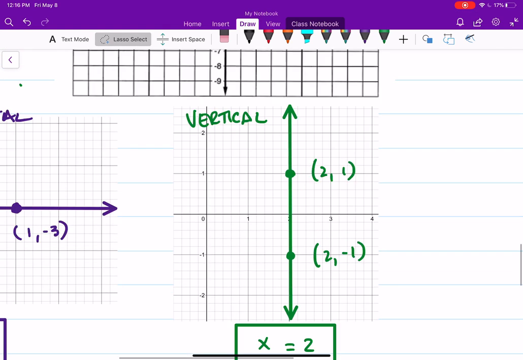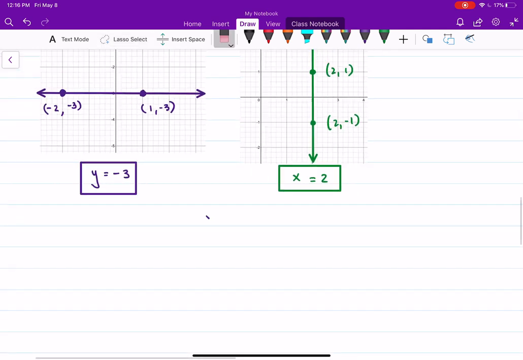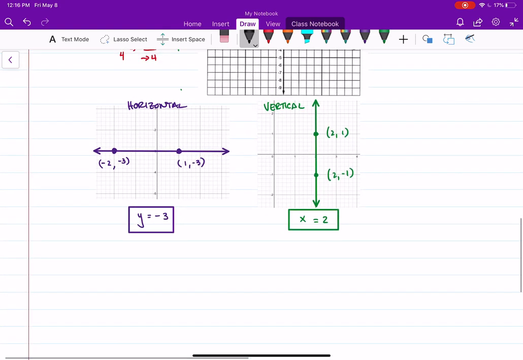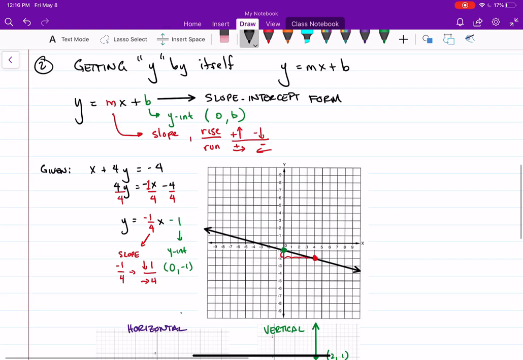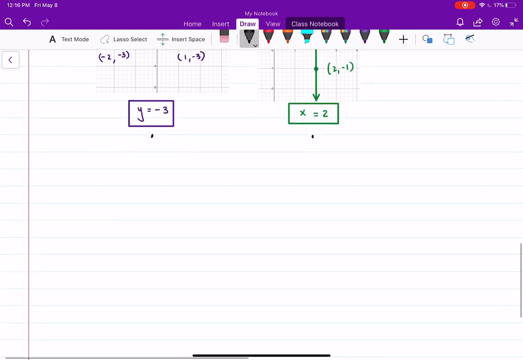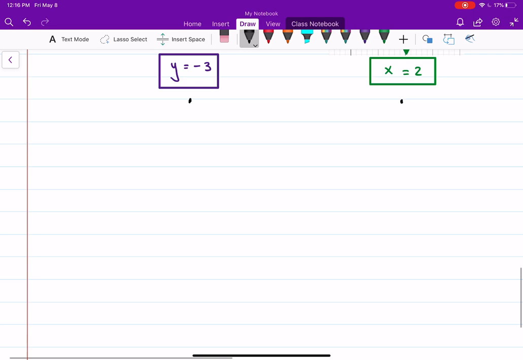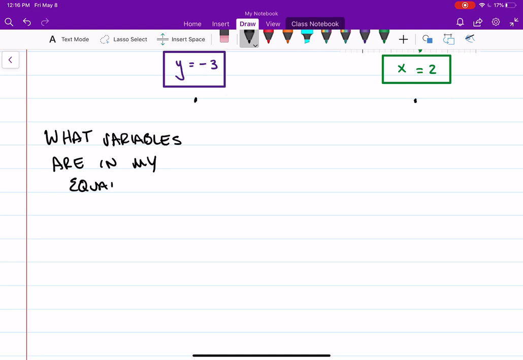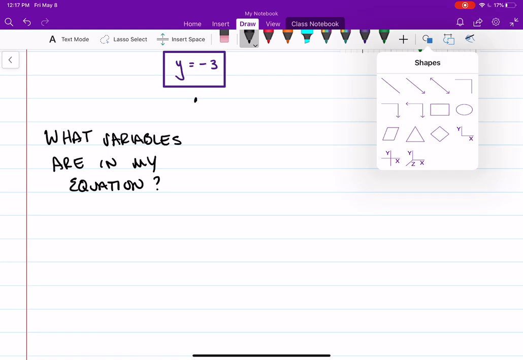So let's summarize here. So far I have 3 types of equations. I'm going to write here what variables are in my equation.